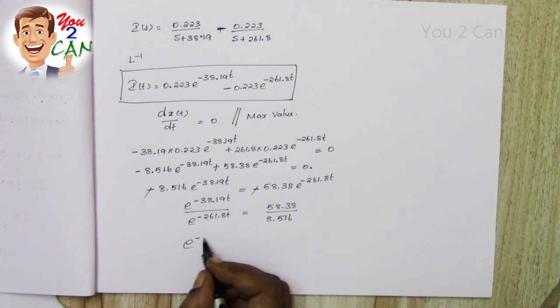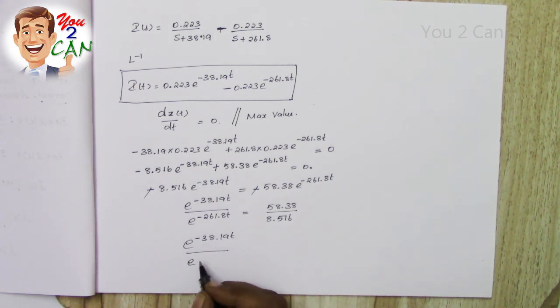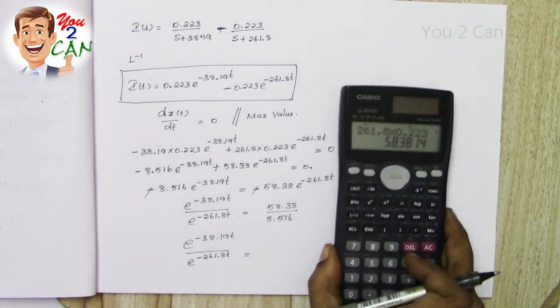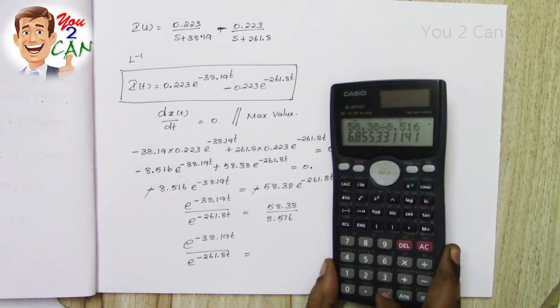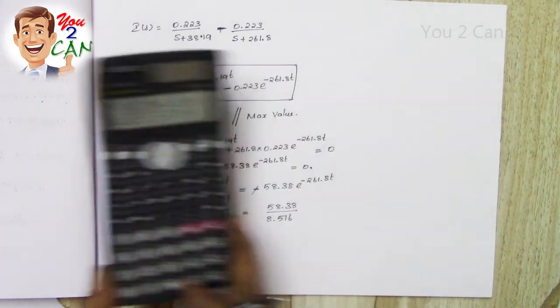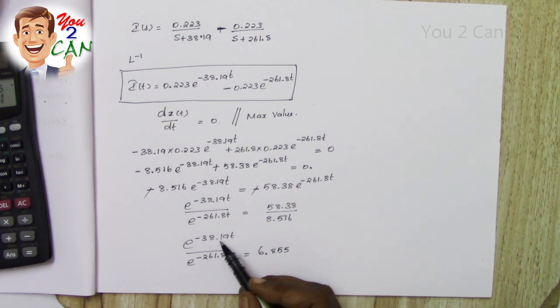So e power minus 38.190 divided by e power minus 261.80 will be equal to, here divide this, that is 58.38 divided by 8.516 will be equal to 6.855. Okay, now here both the exponential terms are in division.